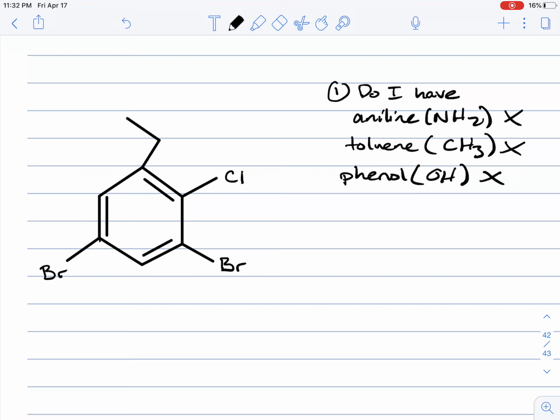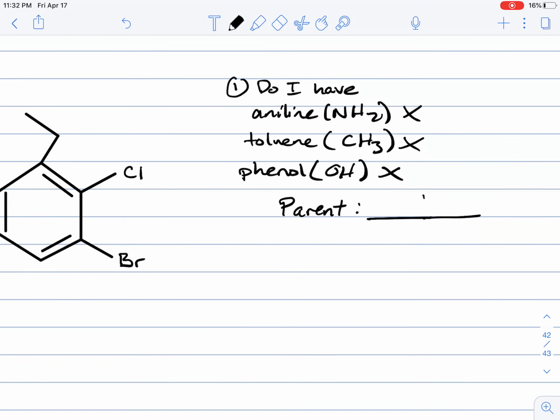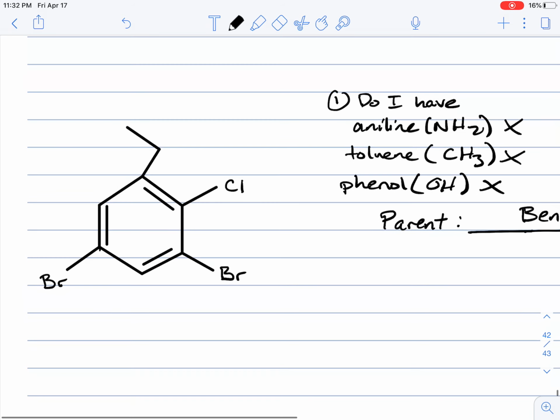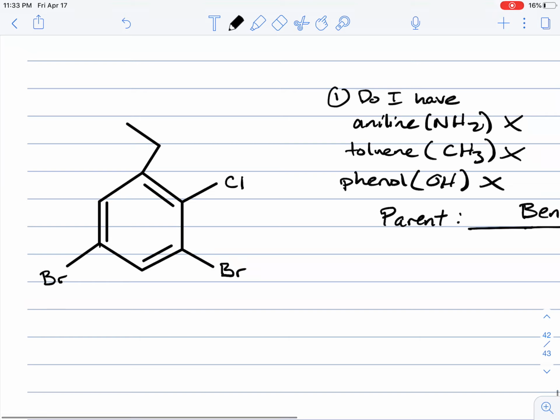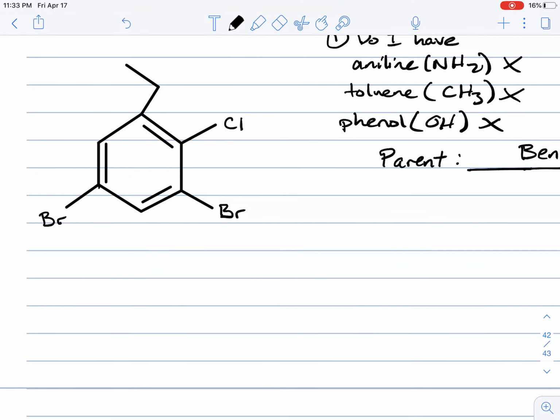And so since I don't have any of this, the name of my parent is going to be benzene. So this is very similar to our first example, where we really do have to figure out what substituent is going to be considered carbon number 1. And so that means that I have to go clockwise and counterclockwise and look at the combination of numbers that they produce for each substituent. Sounds kind of nasty. So let's go ahead and do it.